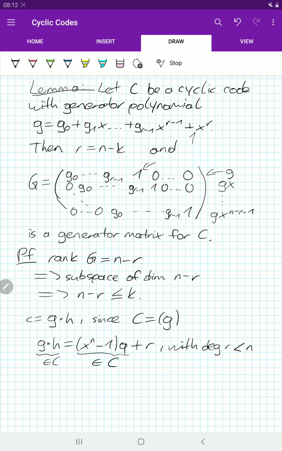This is a code word. And this implies that also R is a code word.